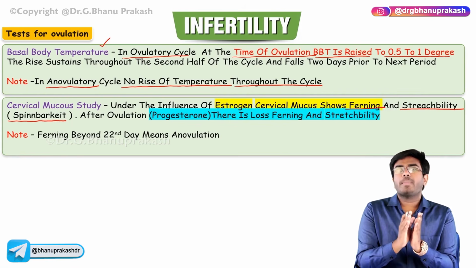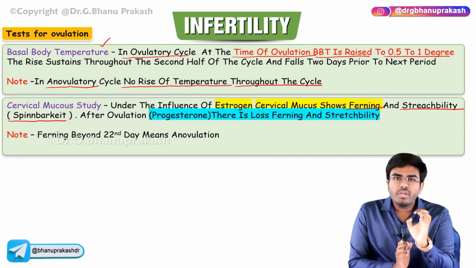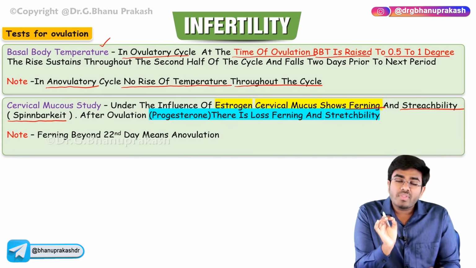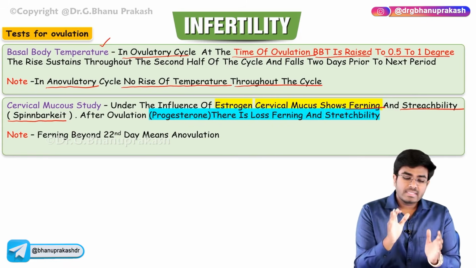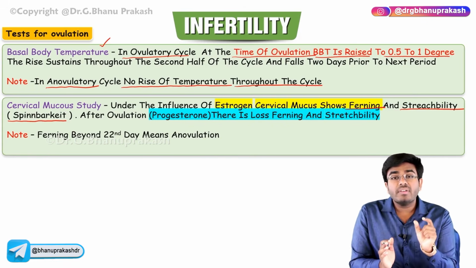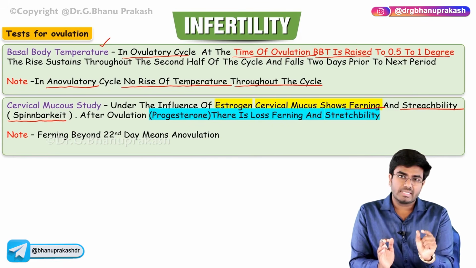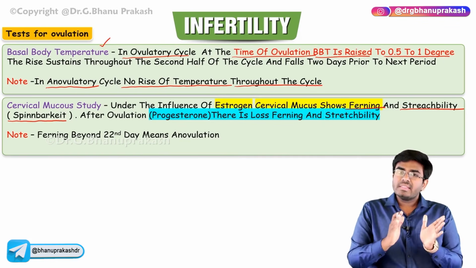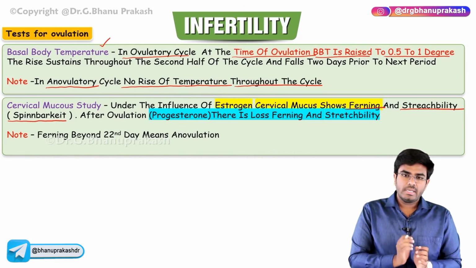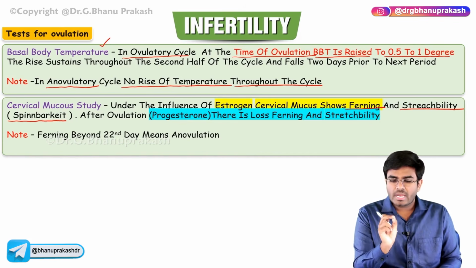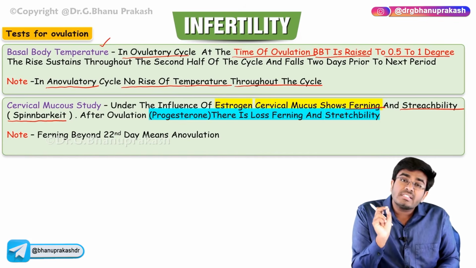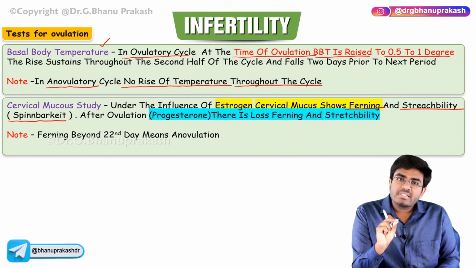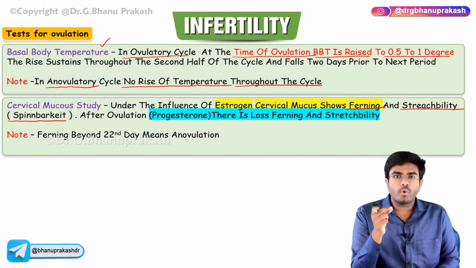Now, what happens normally? Whenever ovulation happens, under the effect of progesterone, the cervical mucus will become thick and viscous. Now, in our female, in the second half of the menstrual cycle, you just take the cervical mucus and examine it. If it is still having stretchability, if it is showing ferning, which means ovulation has not happened.